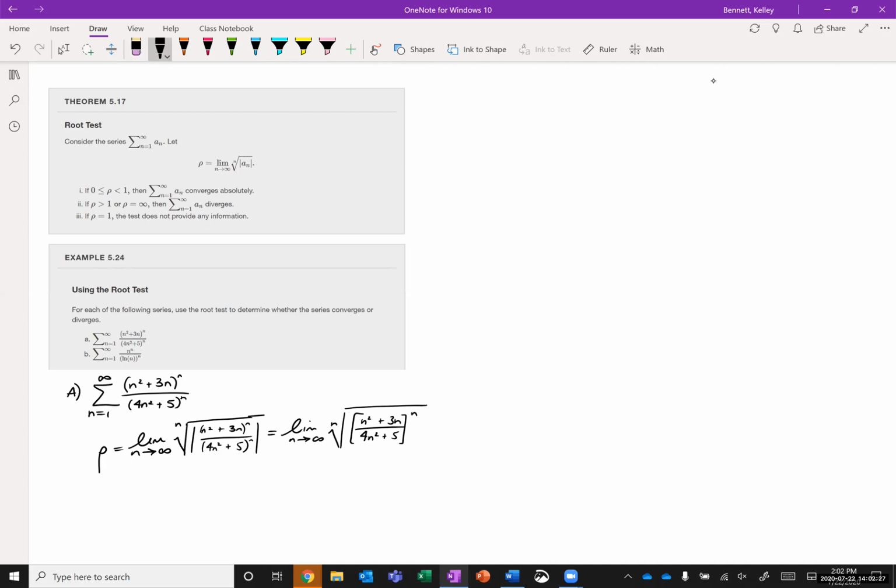This is convenient because when I take the nth root, I just get cancellation of that power. So I just get (n²+3n) over (4n²+5). So again, this equals 1/4 coincidentally. So we know that in example A, we get absolute convergence.